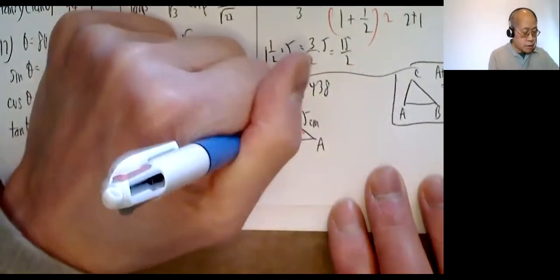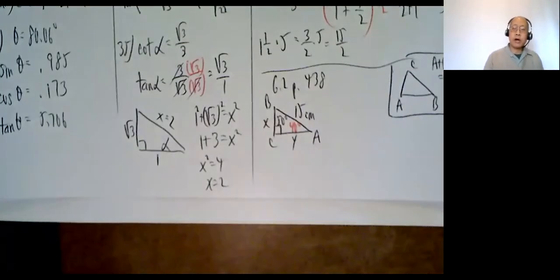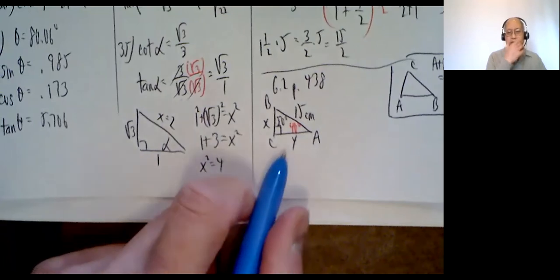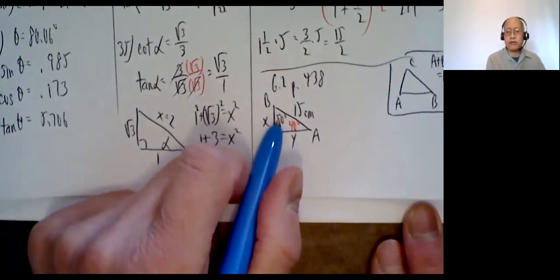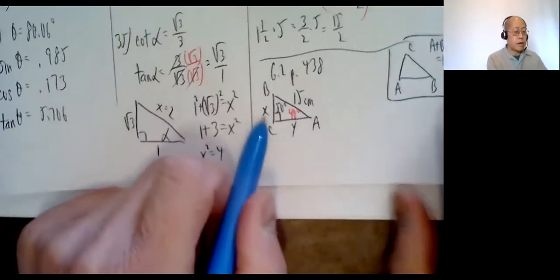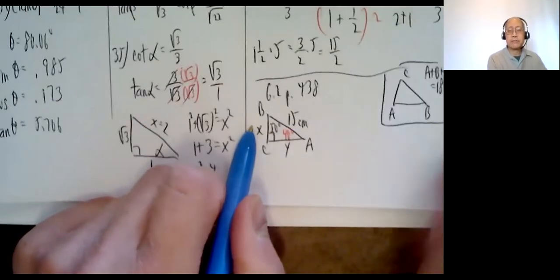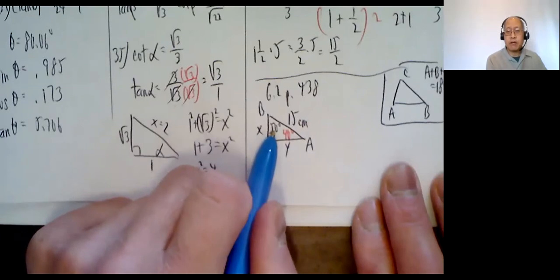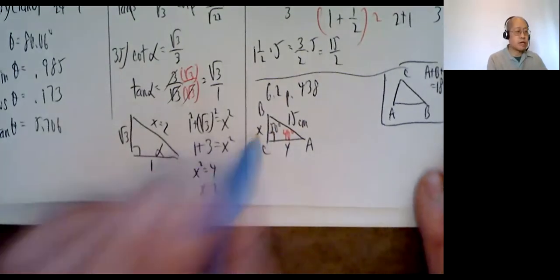Okay, so how about I call this X and Y and use trig to find the rest of the stuff. You actually don't need the 40-degree angle. You can base everything off the 50 degrees, and I'll show you how. We're trying to find X. If I use the 50-degree angle, this is which of the 3 sides?